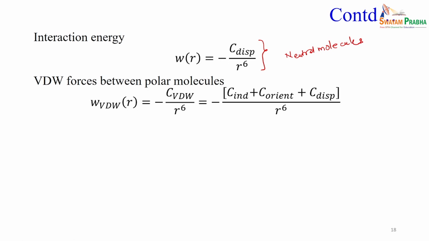Now if you look at the van der Waals force between polar molecules, polar molecules are going to have three different kinds of contributions: induction, orientation and dispersion. So the constant term will be the sum of C induction, C orientation and C dispersion, divided by the intermolecular distance r to the power 6. This way we calculate the van der Waals dispersion force.